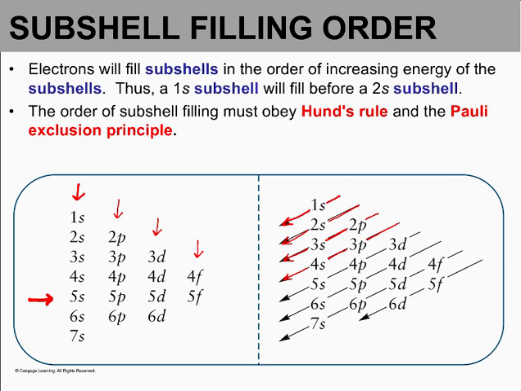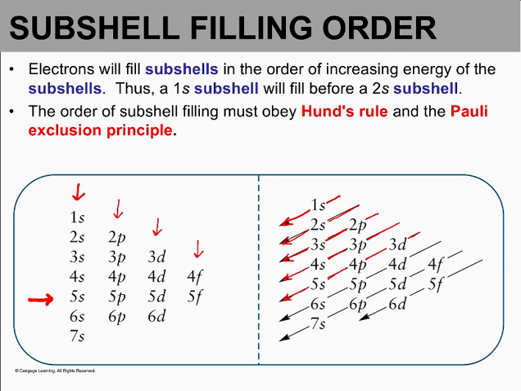Remember, there was that little trick: 4s is lower in energy than 3d. So 3d would come next, then 4p, and then 5s comes next. So that's another tricky thing. And then we would keep going. But again, you don't really have to know the order beyond maybe 3d.